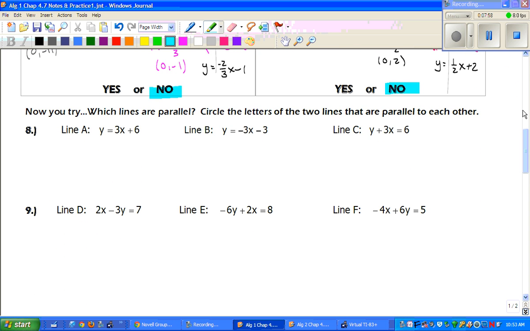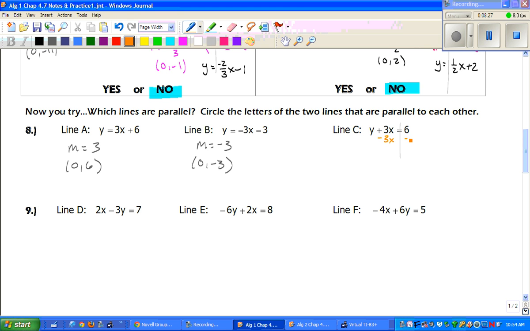All right. So now what we have to do is figure out which lines are parallel to each other. So you need to know what the slope is. That one's already in y equals mx plus b, so that's good. B, it's -3, and then (0, -3). And C, we have to get it by itself.